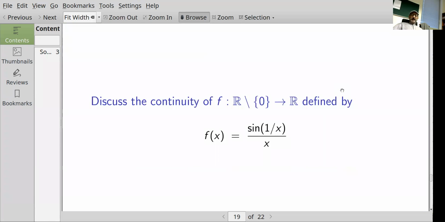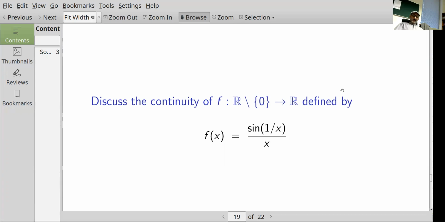Okay. Let's consider this one. F sends reals except for 0 to the reals, defined by sine of 1 over x divided by x. So let's think about it for a minute. 1 over x is continuous everywhere except at 0. Okay? And sine is continuous everywhere.